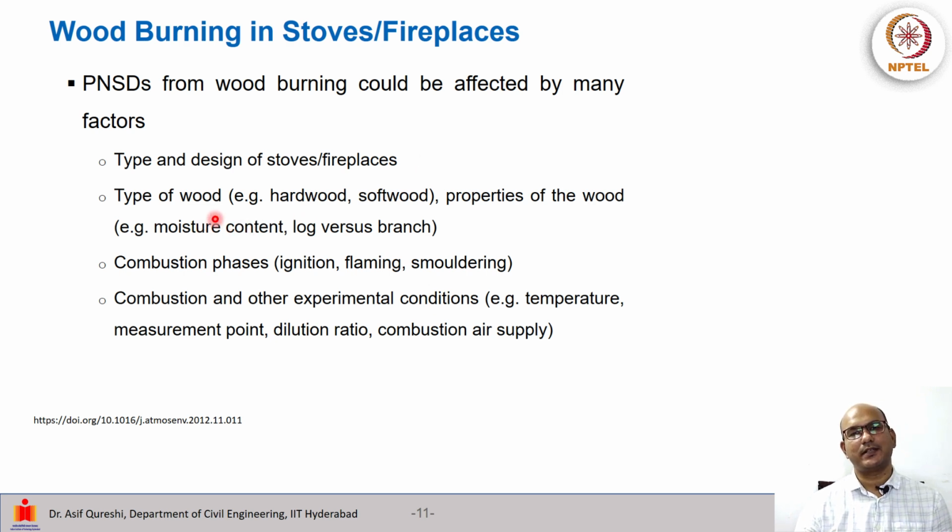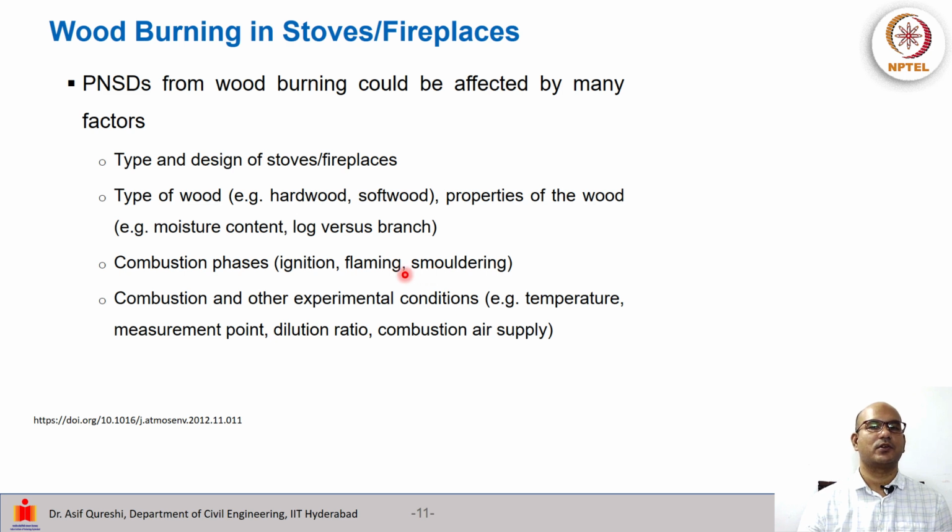The type of wood itself, for example, one can be using hardwood or softwood. The properties of the wood itself, for example, moisture content, and if the wood is a log versus a branch. The phase of combustion we are looking at, ignition, flaming or smoldering.